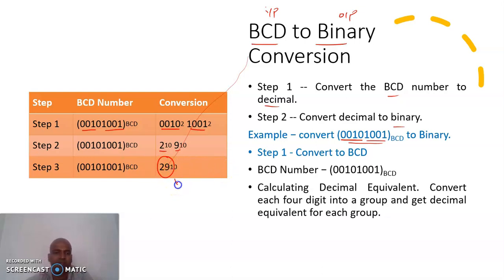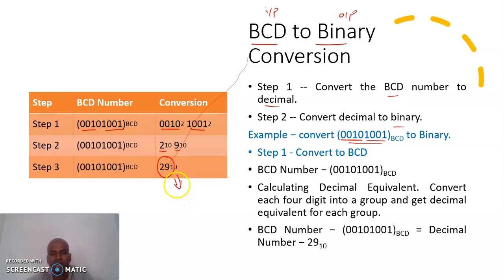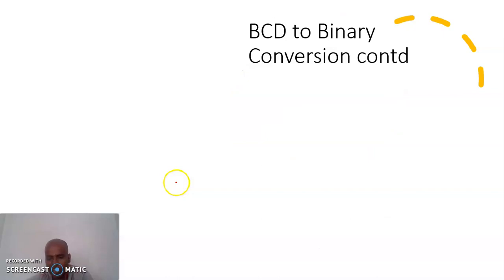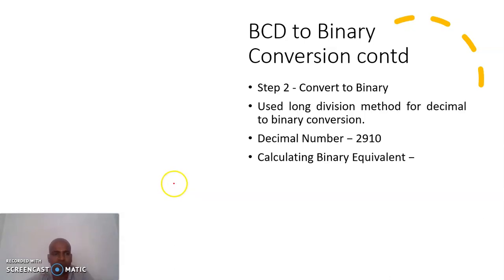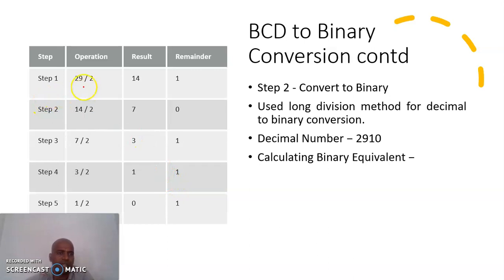Now we are going to convert this 29 into binary, that is decimal to binary. We have already discussed decimal to binary conversion: divide the given decimal number by the base of the required system until the quotient is 0. First 29 by 2, the quotient is 14 and the remainder is 1.